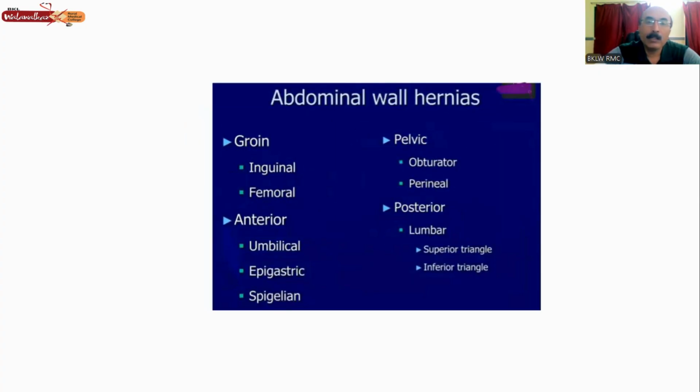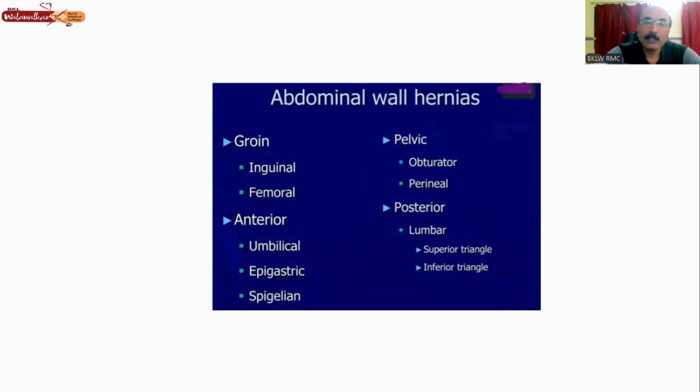If we talk about abdominal wall hernias, according to location, we can classify them into groin hernias, anterior abdominal wall hernias, pelvic hernias, and posteriorly occurring hernias. In the groin region, we can identify inguinal and femoral hernias.